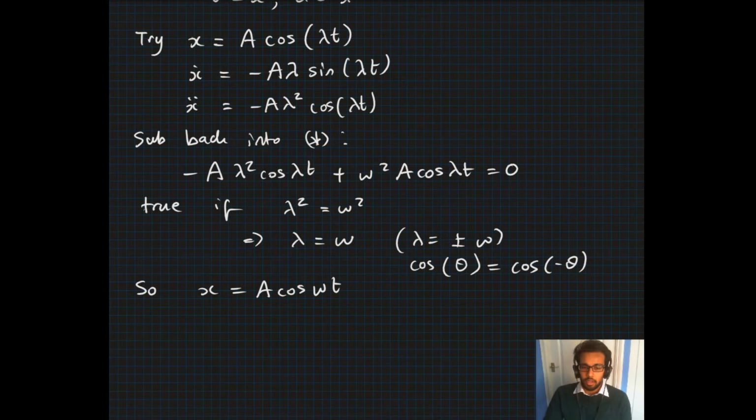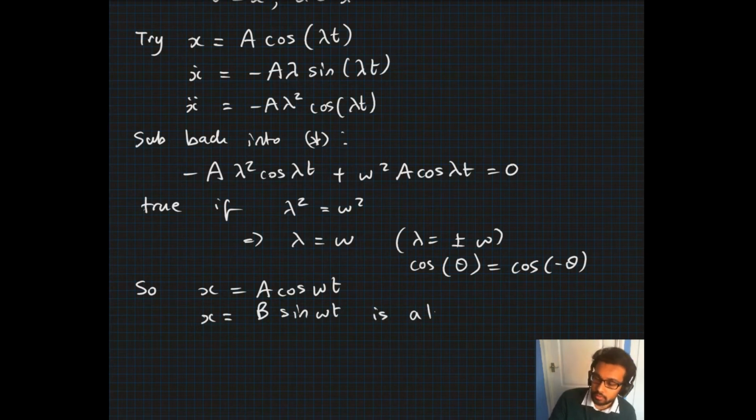Okay, so this is a solution of the simple harmonic motion equation star, and if you work through this by yourself you can also see that x equals, so a different constant b sine omega t is also a solution that works.